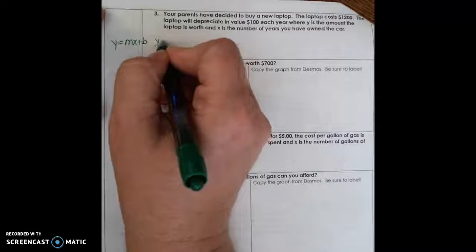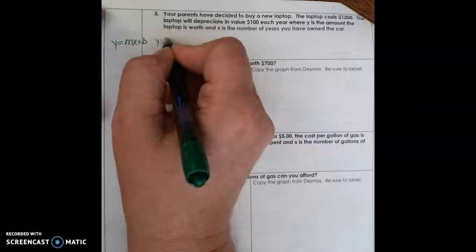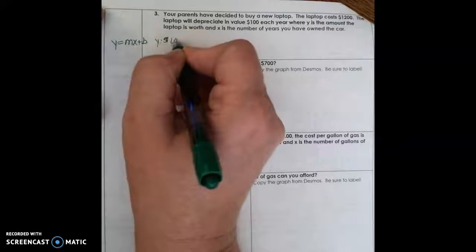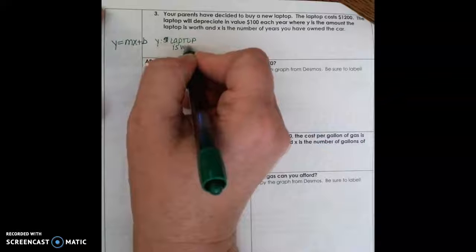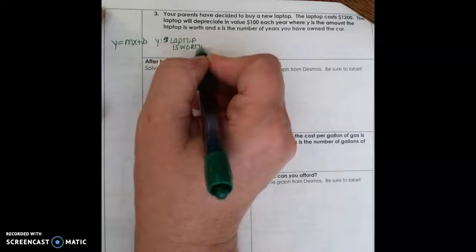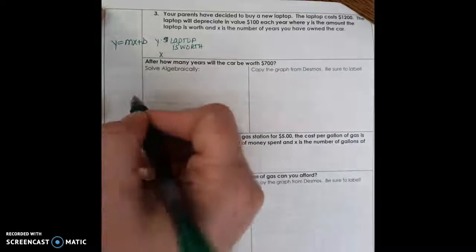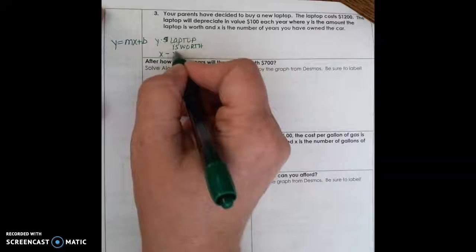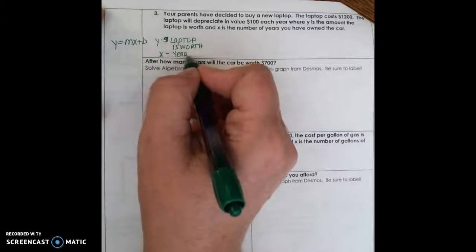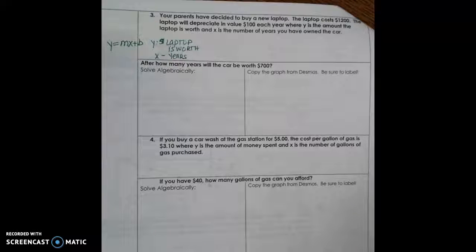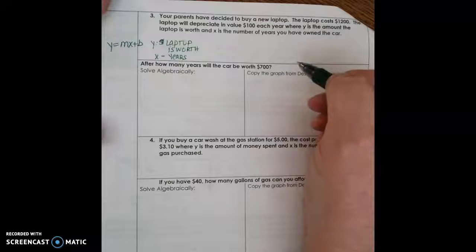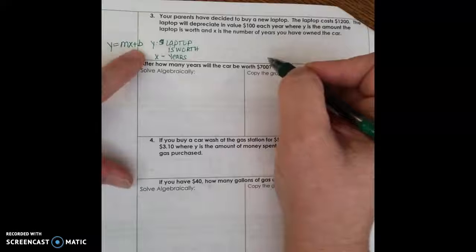So let's define y as the money the laptop is worth, and x is the number of years you've owned the laptop. I've given you a start amount. They bought the laptop for $1,200. That's the beginning amount, so that will be your b value.